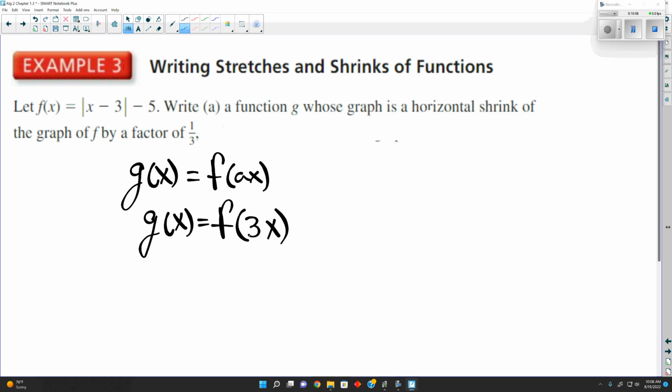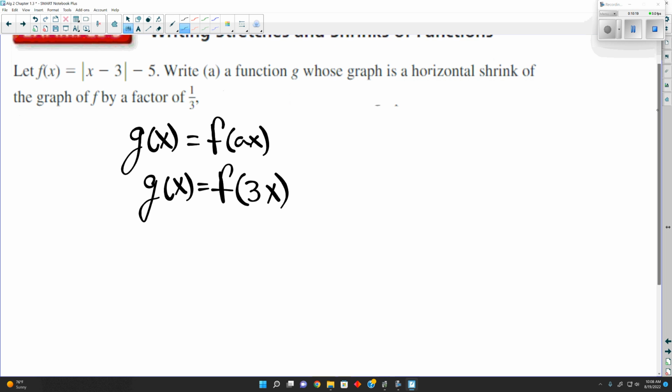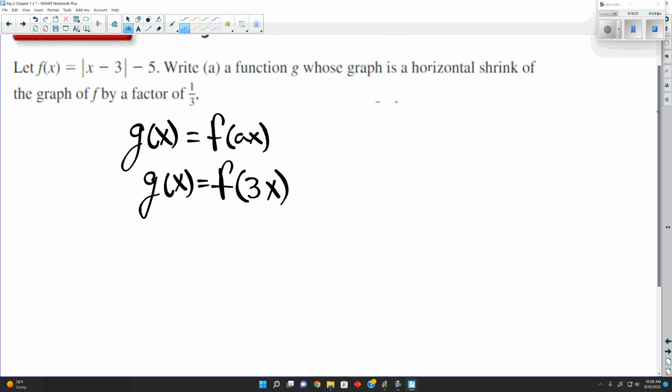Yeah, I'll do it again with vertical, because normally I'd get away from these, because horizontal is really just remembering this flip. So we don't do too many with horizontal, especially on the homework or test. But I want to show you at least one. We'll go back and do this vertical here in a second. Now, if we did this horizontal, we're just going to plug 3x in for every place that there's an x.